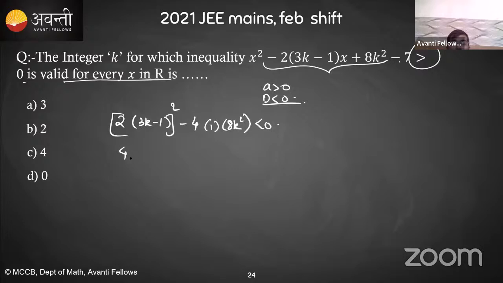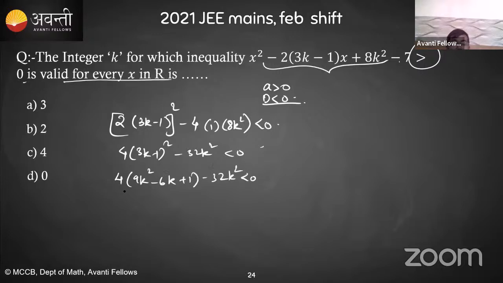So here you will get 4 into 3k minus 1 square minus 32k square less than 0. So 4 into 9k square minus 6k plus 1 minus 32k square should be less than 0. So you will get 36k square minus 24k plus 4 minus 32k square less than 0.